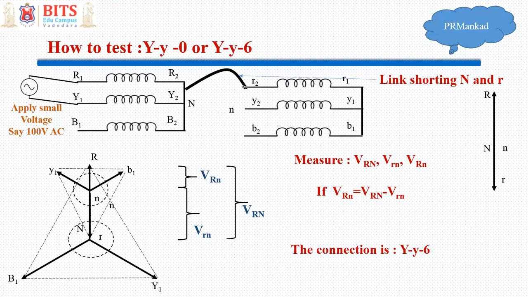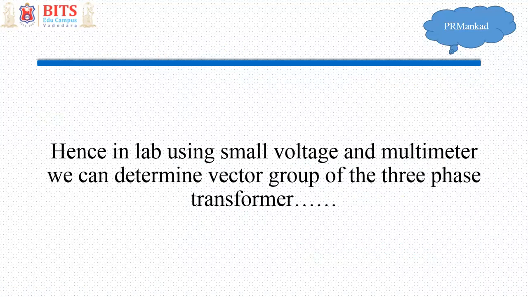So this is how, by giving a small voltage and by measuring the voltage, I can find out that this is a star-star 6 connection. In short, in laboratory, using small voltage and multimeter, we can determine vector group of three-phase transformer.